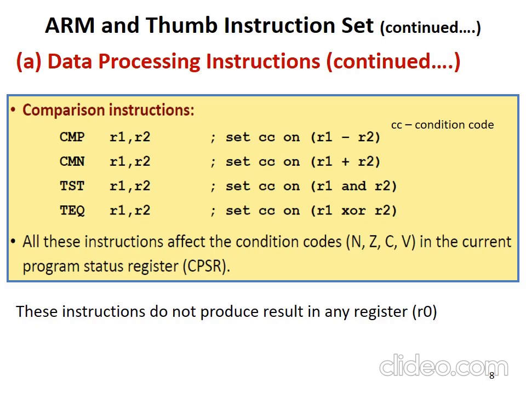These instructions do not do anything with the registers. So register contents are not altered. Only the conditional code's value is altered depending upon the result of this instruction.